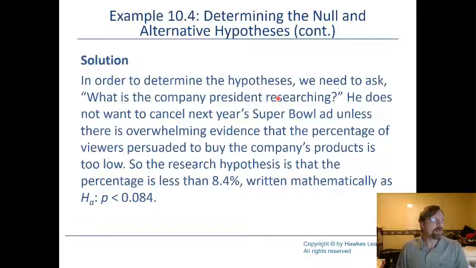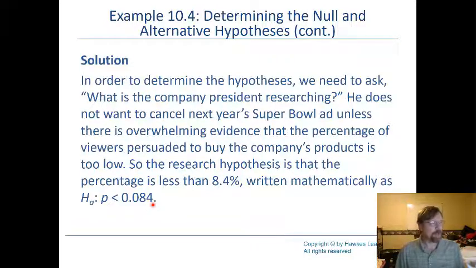Okay, so what is the company's president researching? He does not want to cancel the ad unless there's overwhelming evidence that the percentage of viewers persuaded to buy their product is too low. So the research hypothesis is that the percentage is less than 8.4%. So if the proportion is less than 8.4% or 0.084, that's what he's afraid might be happening.